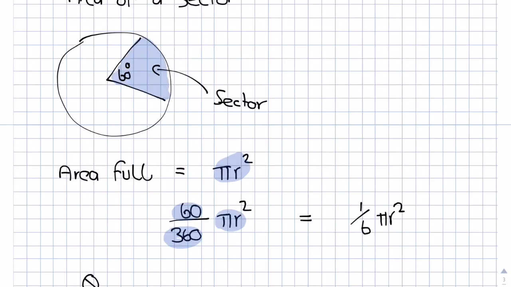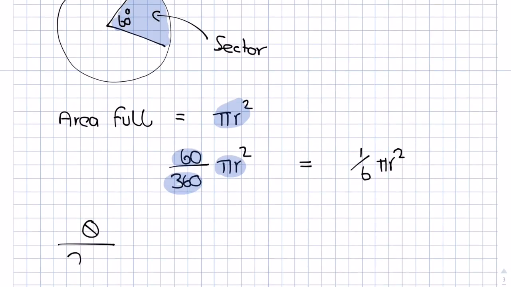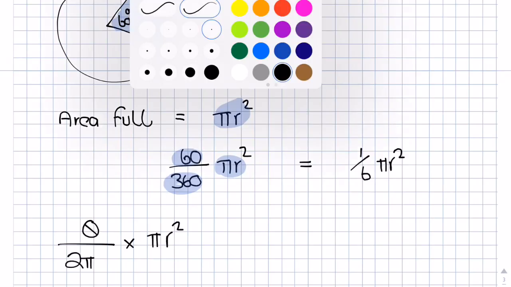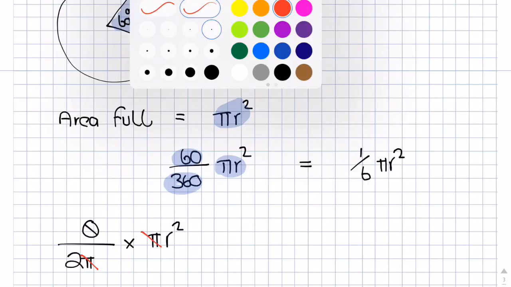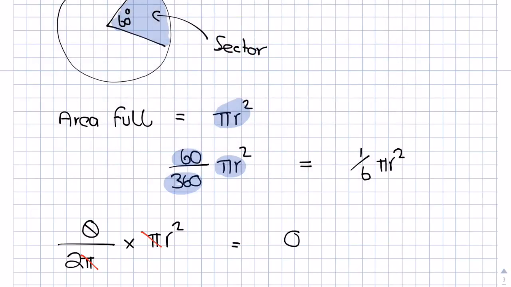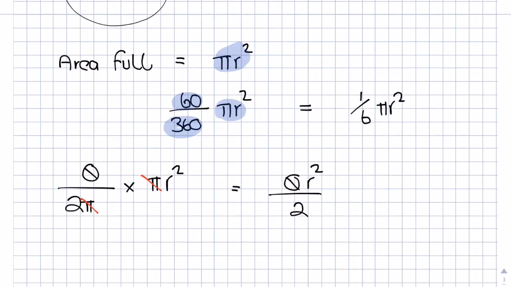It's going to be the angle in radians that we have divided by the full thing, which we know is 2 pi because 360 degrees is 2 pi, multiplied by pi r squared. But there's a bit of cancelling that can happen here because pi divides into that pi, leaving 1 remainder. So what we have is theta r squared over 2, or the way it's normally written, a half r squared theta, and that's the area of a sector.